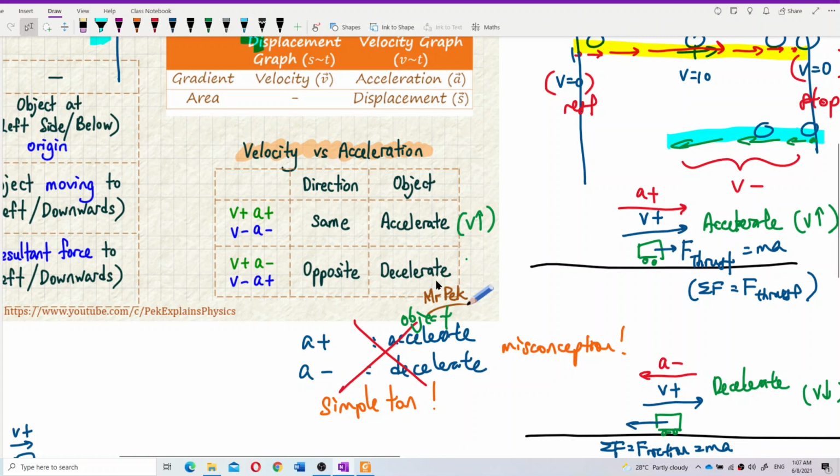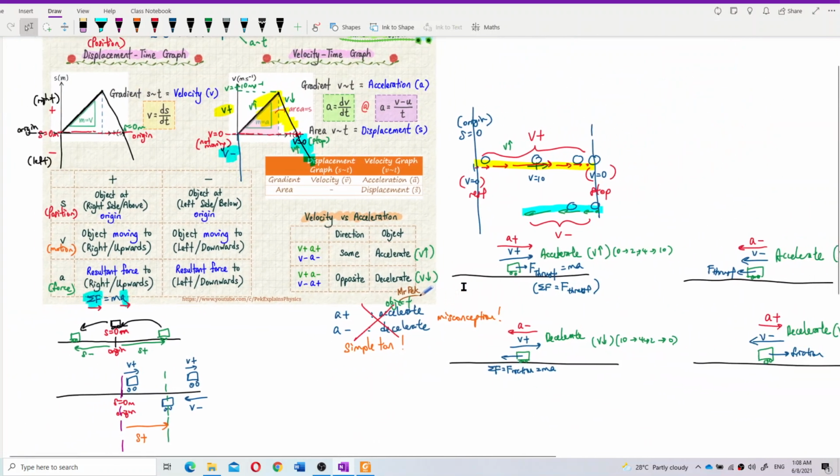What is meant by decelerate? Velocity becomes slower and slower until maybe it stops. Decelerate is velocity decrease. Accelerate means velocity increase. Decelerate means velocity decrease. So when velocity and acceleration are in the same direction, accelerate. When velocity and acceleration are in opposite directions, decelerate. That's all for this video. See you in the next video.